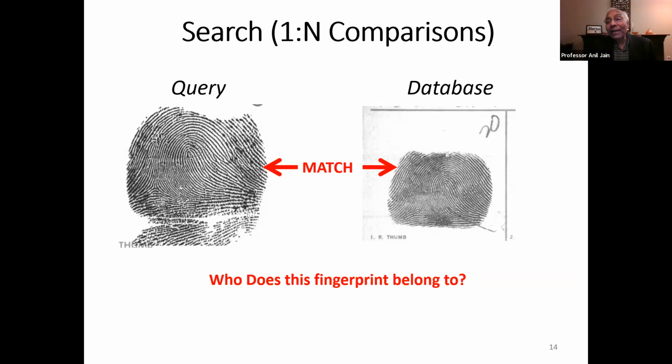So you can imagine matching a query to a 1.5 billion database is rather challenging. So that's why in India's Aadhaar program, we use all 10 fingerprints, we use face image and 2 iris images to do what is called the deduplication, that is making a distinction among the 1.5 billion population. Next slide, please.